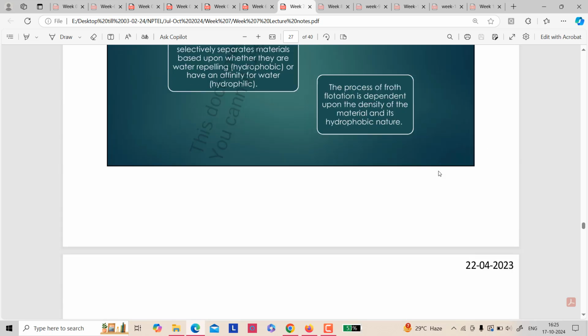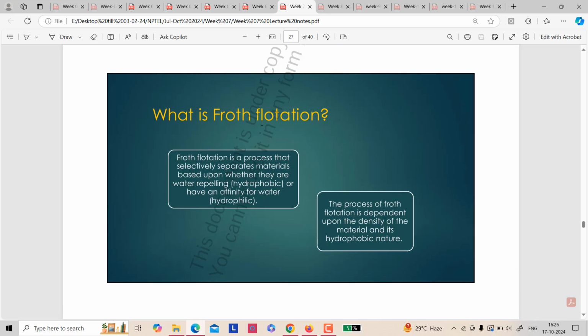Next is the basic understanding of froth flotation. Froth flotation is a process that selectively separates materials based upon whether they are water repelling, that means hydrophobic, or have an affinity for water, or hydrophilic. The process of froth flotation is dependent upon the density of the material and its hydrophobic nature.